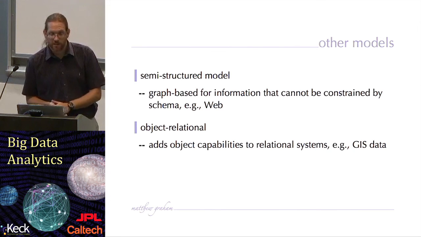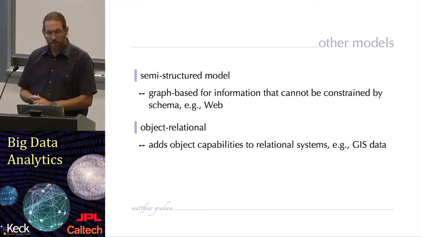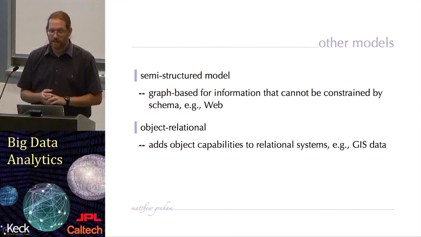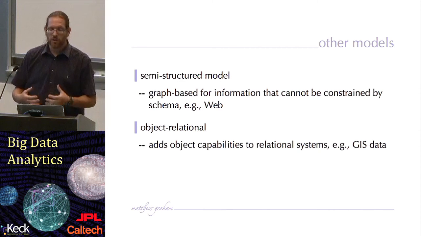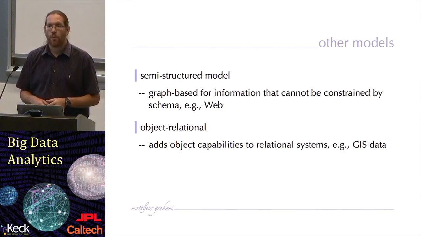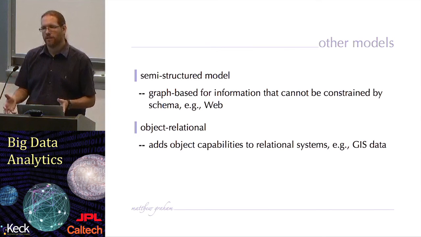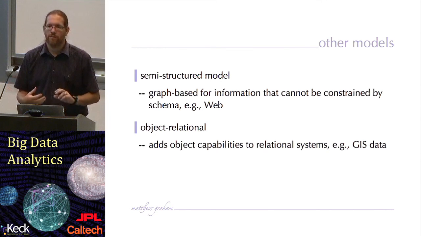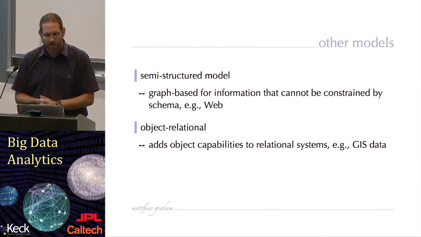These are graph-based, for information that cannot be constrained by a schema. The web, for example, in its more general form, is a disparate collection of facts, but we could consider it to be semi-structured, and we could try and impose some sort of interface layer on top of it to make retrieving that information more viable.